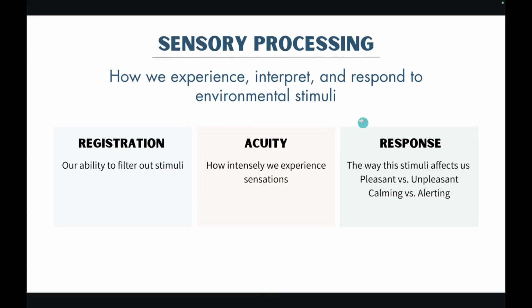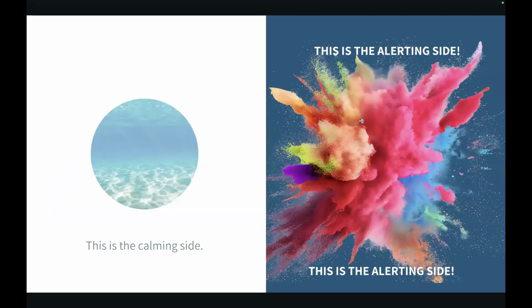Here is a visual example of calming versus alerting input. You'll see on the left, we have the calming side. On the right, we have the alerting side. There are different variables that tend to make input more calming or alerting. It's going to come down to the intensity, frequency, duration, and some other things.